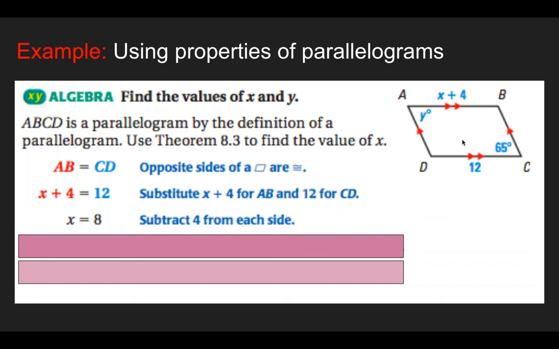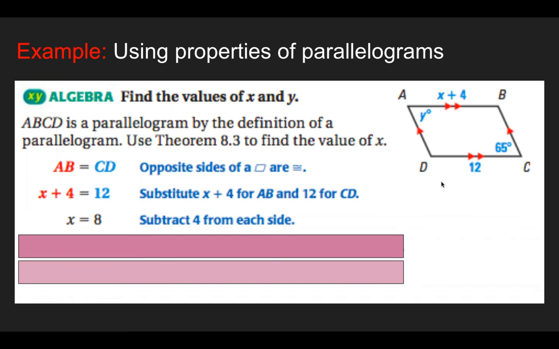Therefore, we can set AB equal to DC. So X plus 4 has to equal 12. Subtract 4 from each side, and you're going to get X is equal to 8. If we plug 8 back in, we would get 8 plus 4 is 12, matching DC on its opposite side.